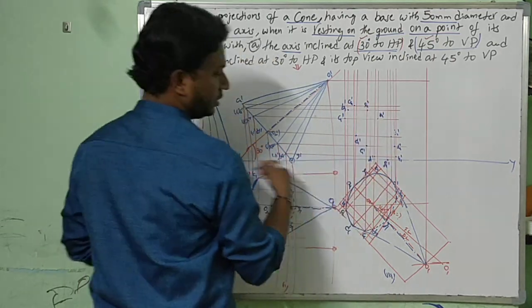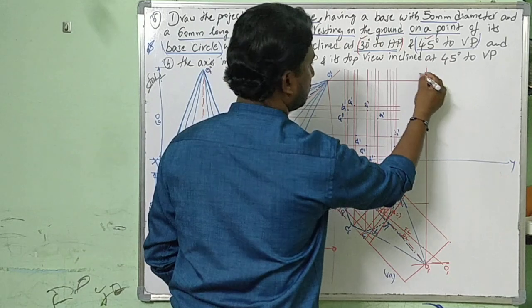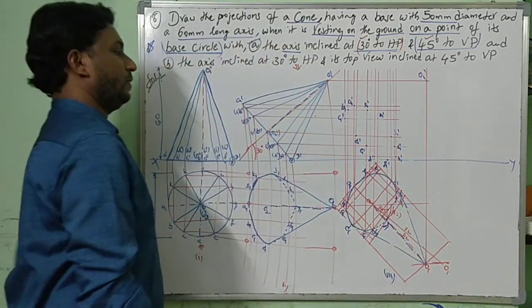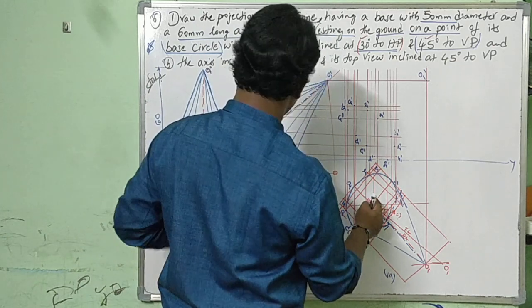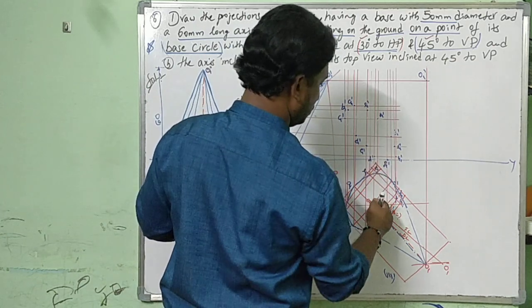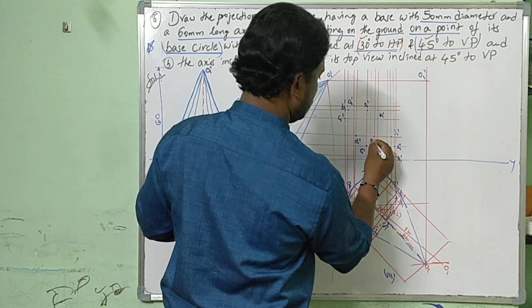L1 dash. Intersection of O to O here comes here. O1 dash. O2, I'm sorry, O2 is just passing through, O2 dash.